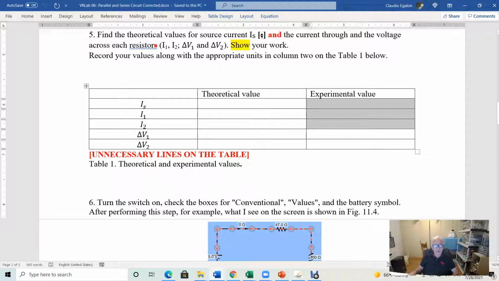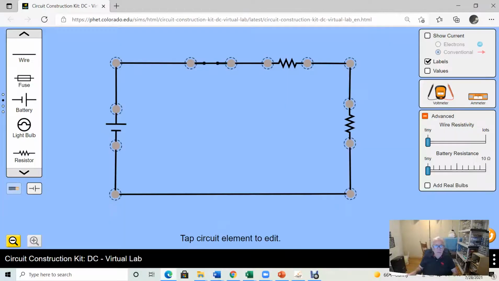We are going to connect the ammeter at different spots of the circuit. I am going to connect the ammeter just after the battery. That would be the source. Be careful.